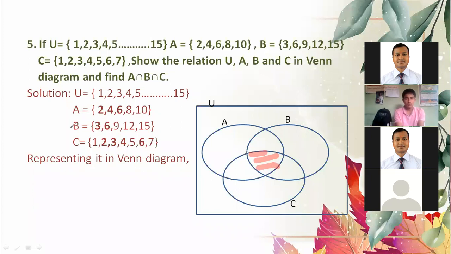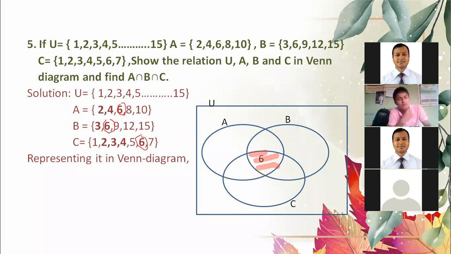Which one is common from A, B, and C? 6. Yes, 6 is common. It is in all. 6 is the common element of all sets A, B, and C. So we have to fill 6 here in the common region of all.